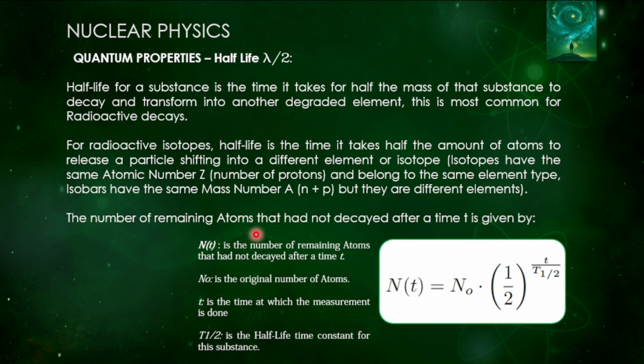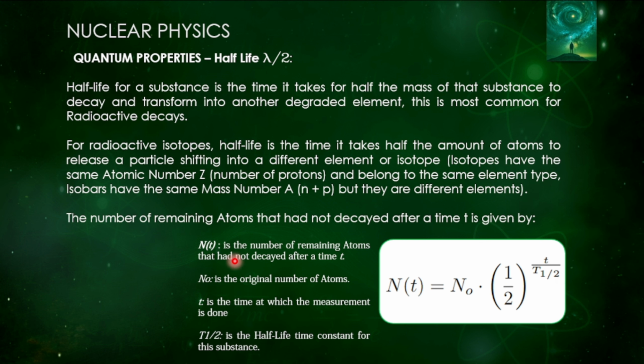The number of remaining atoms that had not decayed after a time t is given by the relationship N(t) equals N0, the original number of atoms, times 1/2 to the power of t, which is the variable we are measuring, divided by T1/2, the half-life time constant.